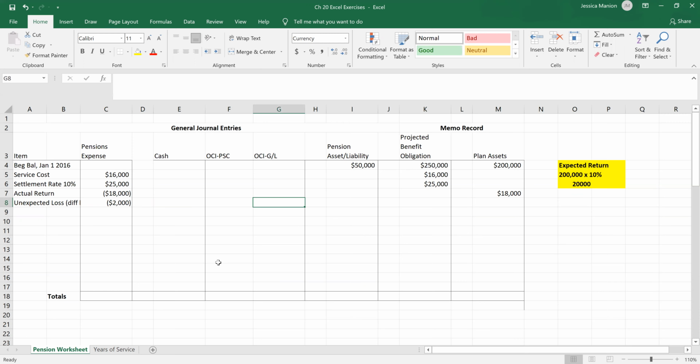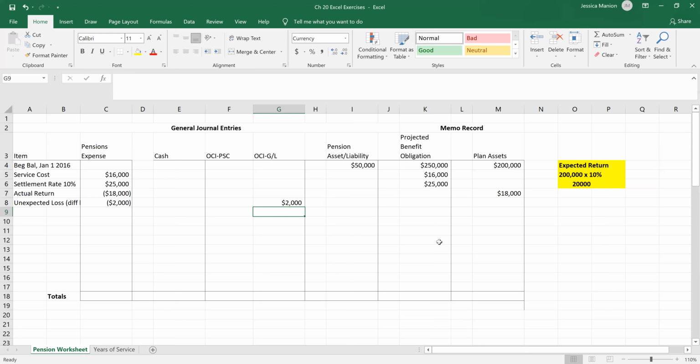And then again, we haven't used this column yet. We haven't had gains or losses yet, but this is where we'd have this other comprehensive gain and loss, right? Now we're in this column. And so this is a debit to other comprehensive gain and loss. So that increases other comprehensive income because it's a loss, right? Remember, when there's a loss, we're increasing it with the debit.